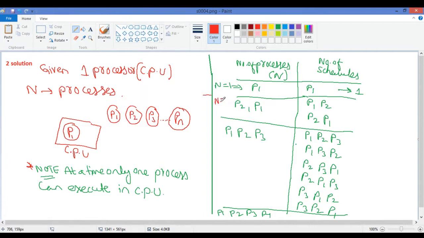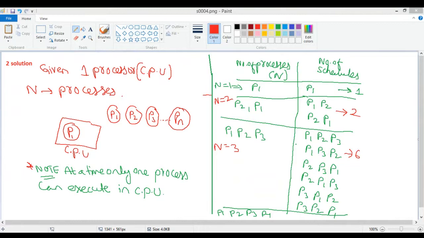If n is equal to 2, then you have how many? Two schedules, correct? But if it were 2 power n, then it should be 4, but you have got only 2. So there is something different here. When n is equal to 3, you have got 6 schedules.